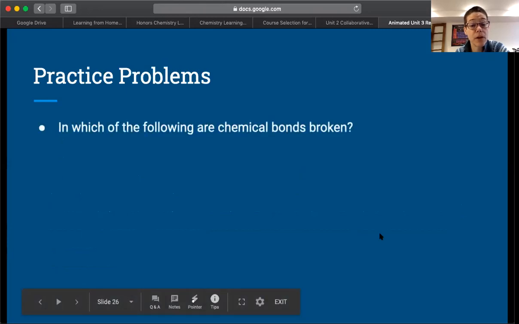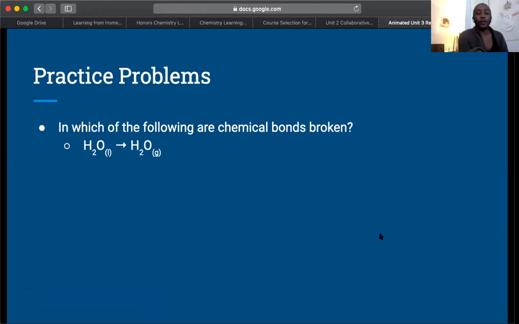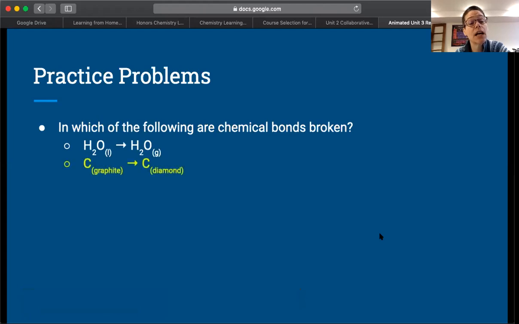Anyway. Okay, so in which of the following are chemical bonds broken? So looking at that, are any bonds broken in that process? No, only forces. You're going from liquid to a gas. Yes, because in either of these things, carbon graphite and carbon diamond, there are no forces.